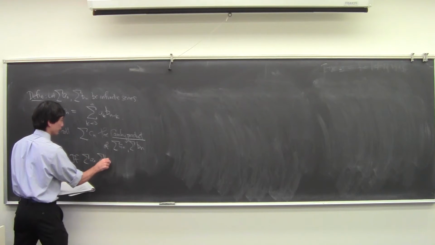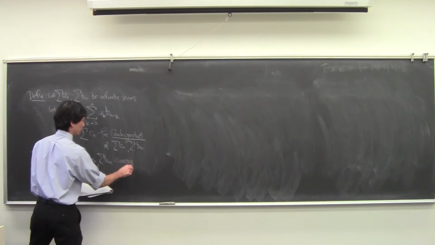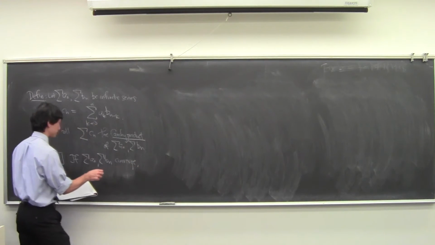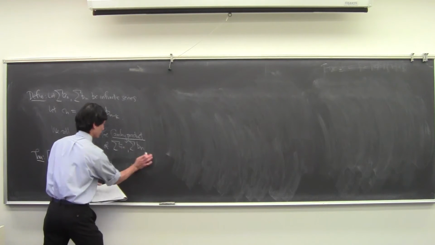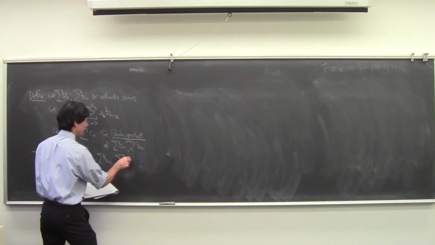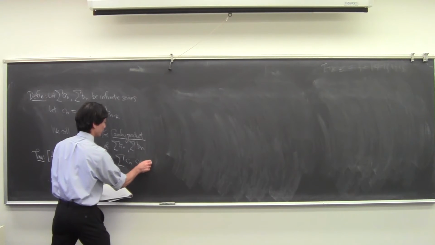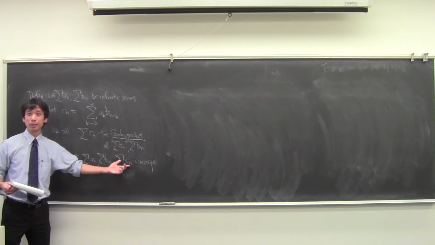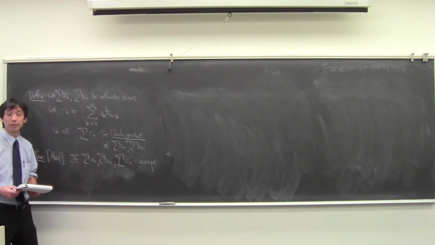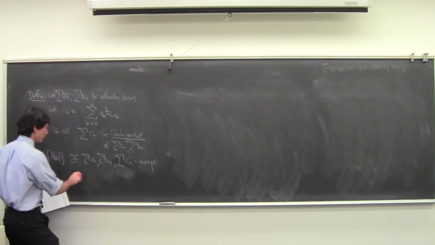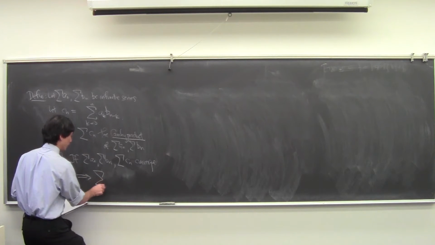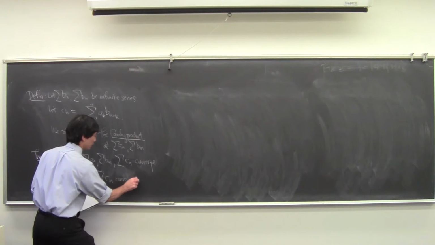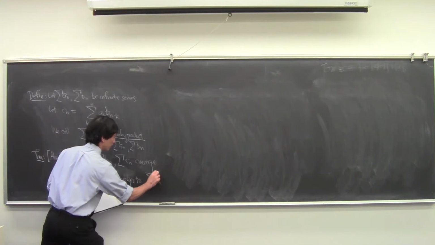If all three of these series converge, you have this one, you have this one, and the Cauchy product converges, then the Cauchy product actually converges to the product of the limits.